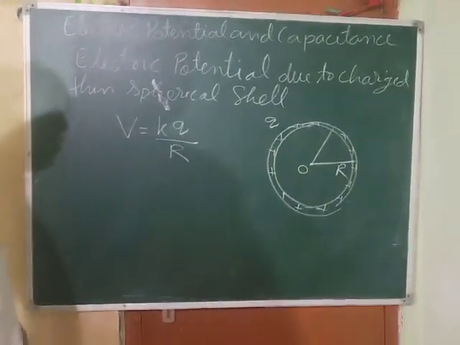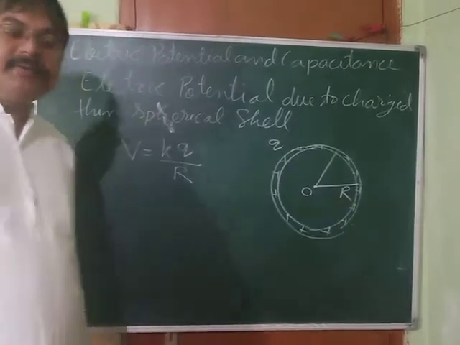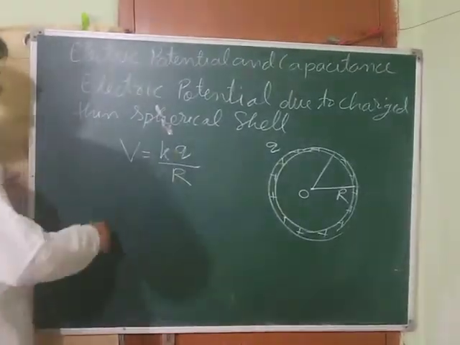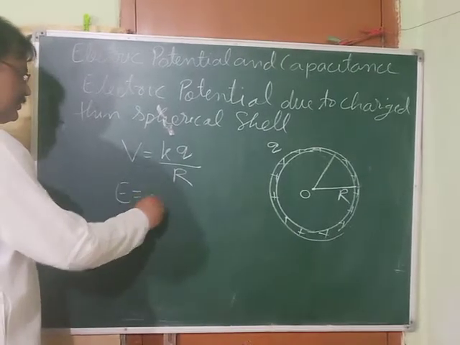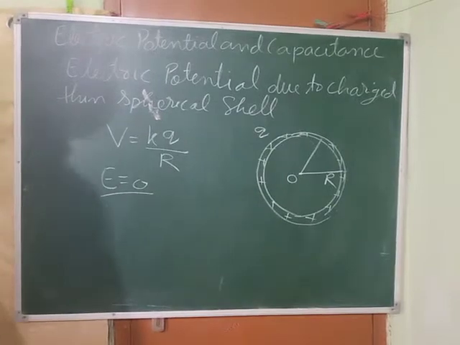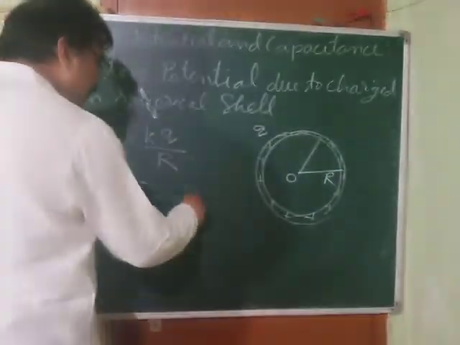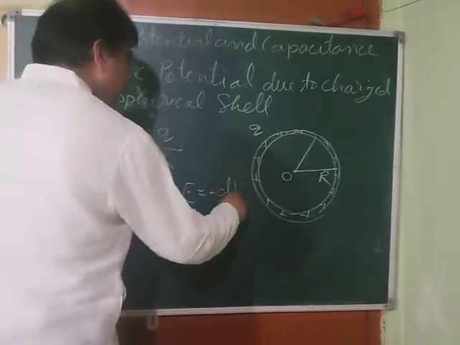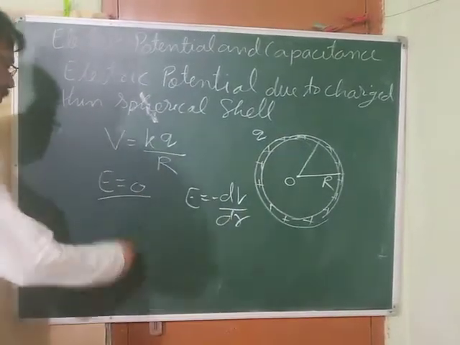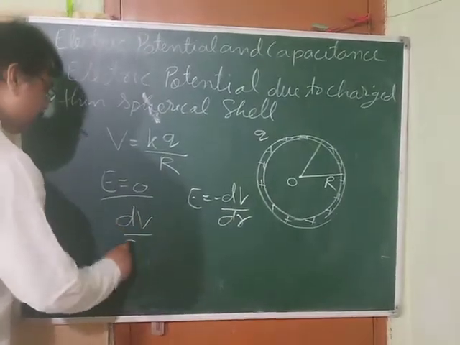Now what about the potential inside? We know very well the electric field inside the spherical cell is how much? It is 0. This we have found out using the Gauss law. And we also know that E is equals to minus dV by dr. So when this E is 0, that means dV by dr is equals to 0.